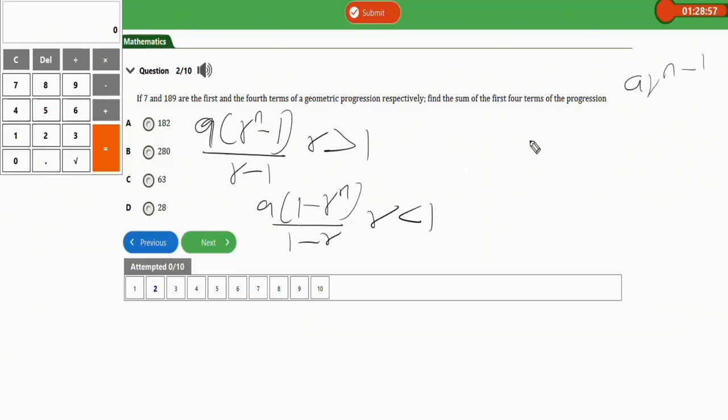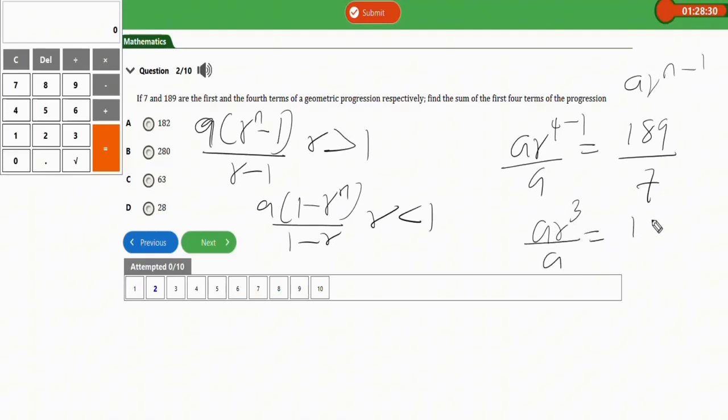To get the common ratio, we have the fourth term here, ar^(4 minus 1) over a equals 189, the fourth term, over the first term, 7. This is the same thing as ar^3 over a equals 189 over 7. The a will cancel the a. Let's check on the calculator.